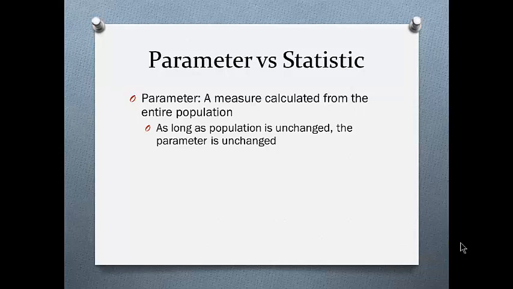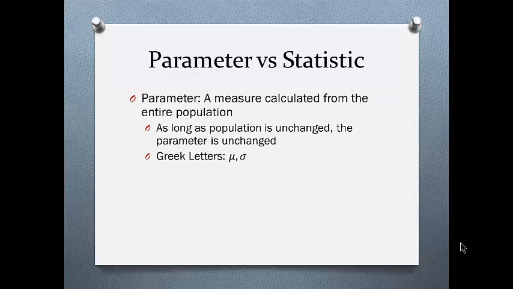If I talk about the average age of everyone in the United States, that's a population. That's everybody. That average age is not going to change as long as nobody dies and nobody's born and nobody gets older. If we take a snapshot in time, that average age is going to stay the same. It's a population parameter.